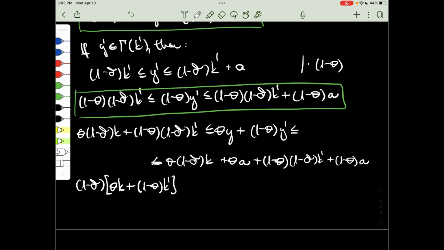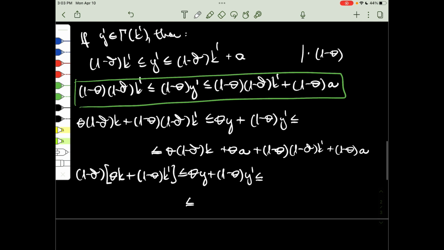Hopefully I am doing okay. Yeah, I think it's correct. So we are rearranging the previous expression, and I think now you realize what is going on here.